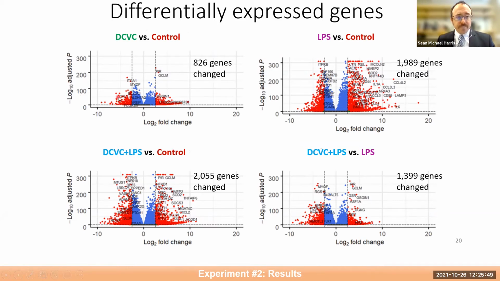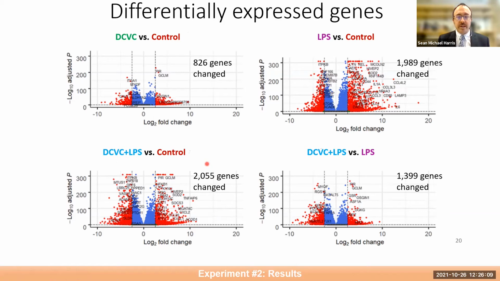Each condition compared to control, DCVC treated, lipopolysaccharide treated, or the co-treatment, when compared to non-treated cells, induced a fairly robust set of gene expression changes, from around 800 to about 2,000 genes significantly changed.